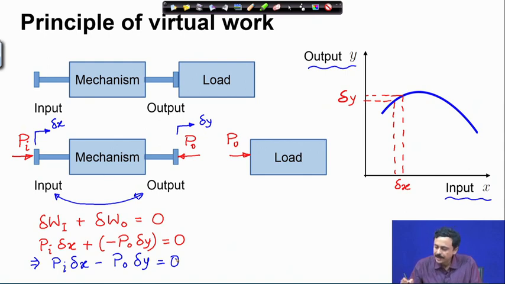Now, let us look at the input output relation. We have studied this input output relation under displacement analysis. So, we can have y as a function of x. We have also studied input output velocity relations. y dot is some Jacobian times x dot.